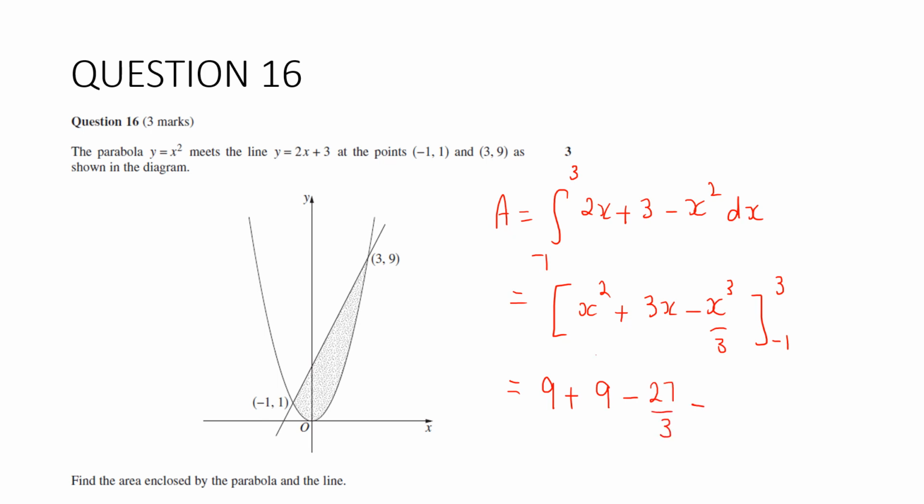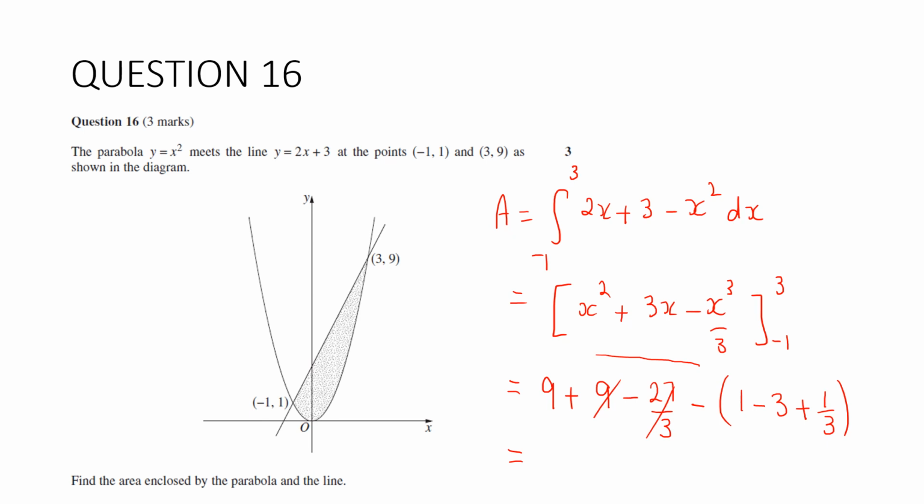Because I've got multiple terms, I'm going to put this in brackets. -1 all squared is 1, plus 3 times -1 is -3. Then take away -1 cubed; -1 cubed is -1, so that's going to make positive 1/3. And 9 plus 9, take away 9, they cancel out.